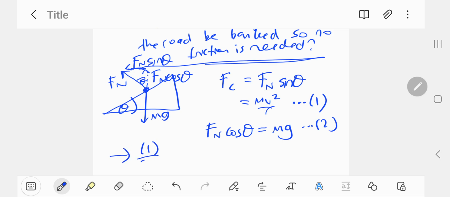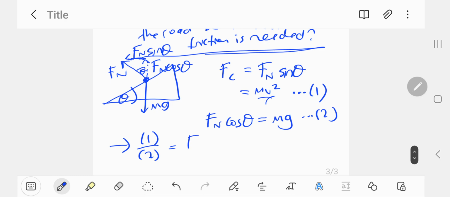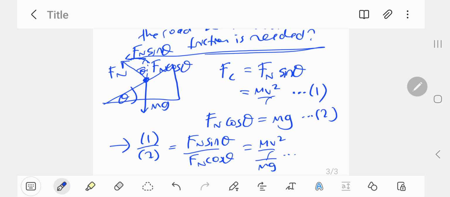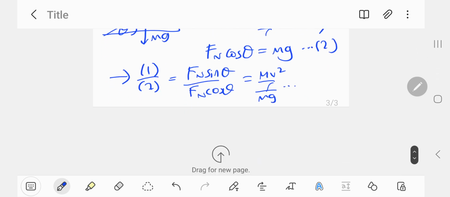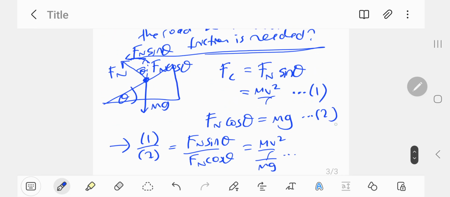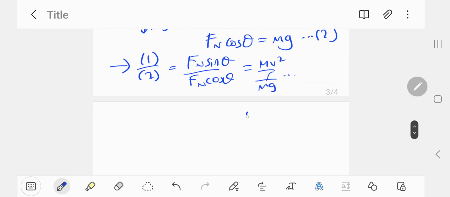Let's divide the first expression by the second. So we'll get F sub n sine theta divided by F sub n cos theta, and that's equal to m v squared over r divided by mg. I'm not going to go through this again because what we had before was just this, if you recall. We had v squared is equal to r g tan theta.